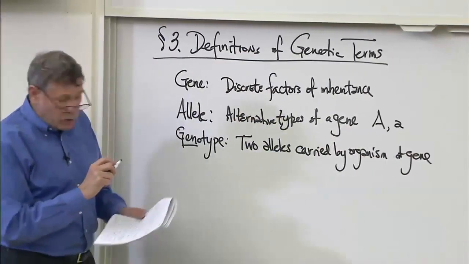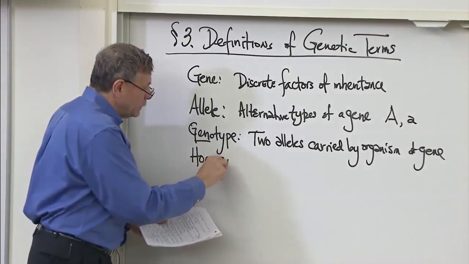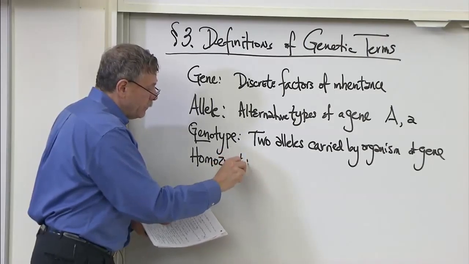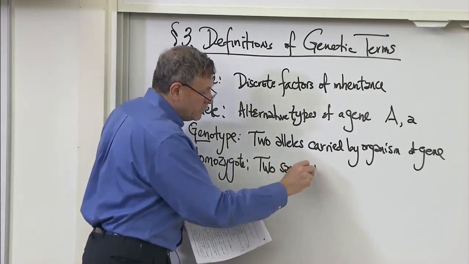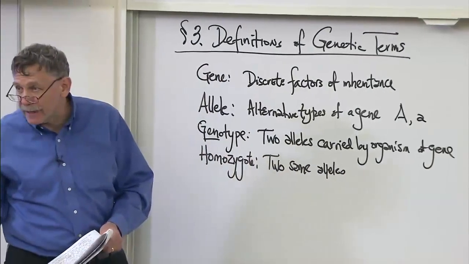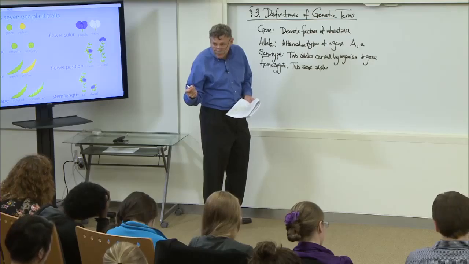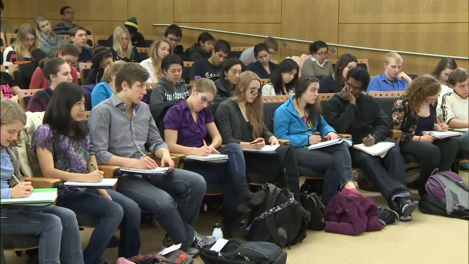And there are certain types of genotypes. There are homozygotes. Homozygotes have 2 of the same alleles. So for example, what's a homozygous genotype? Give me an example of a homozygous genotype. Big A, big A. That's a homozygous genotype.